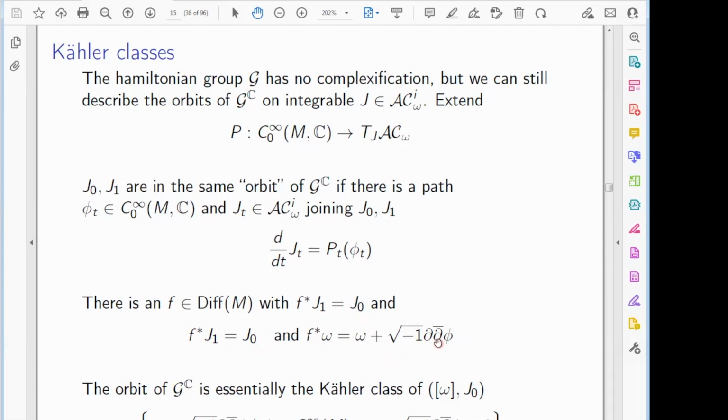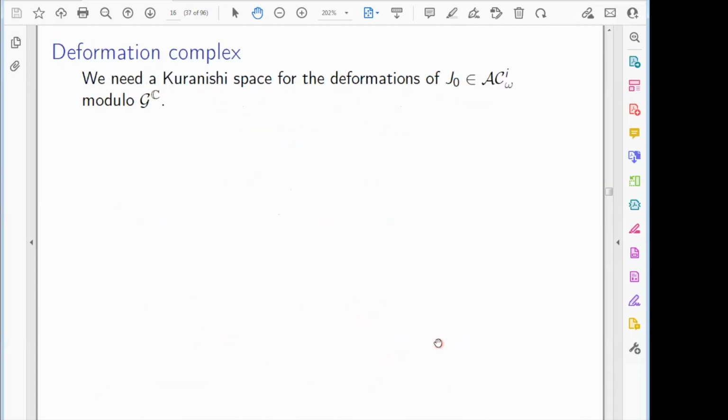So the paper that I'm writing, I'm considering deforming constant scalar curvature and extremal metrics. So we're starting with an integrable almost complex structure.